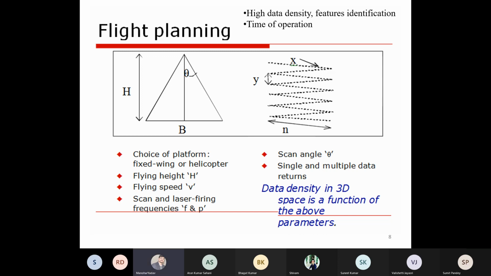That additional line in between two successive lines along the flight direction leads to a more uniformly distributed point cloud.